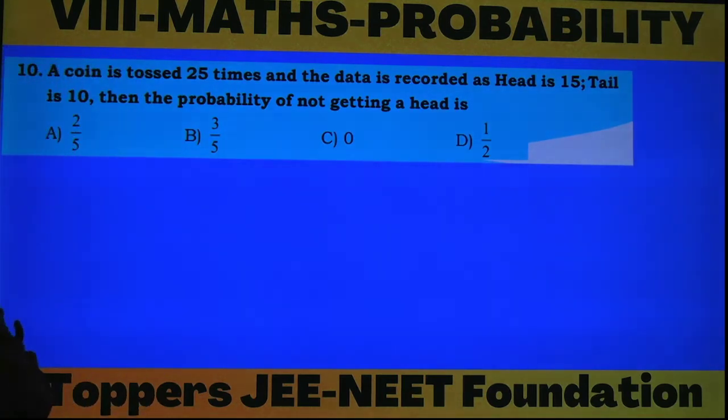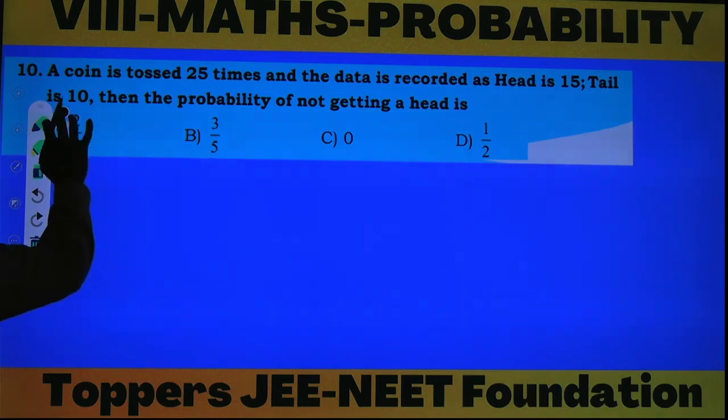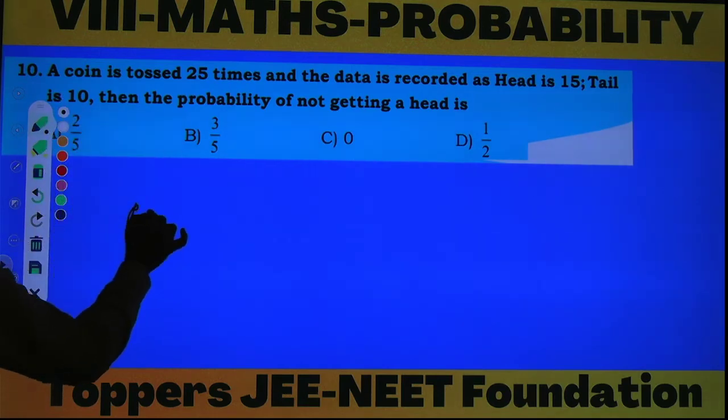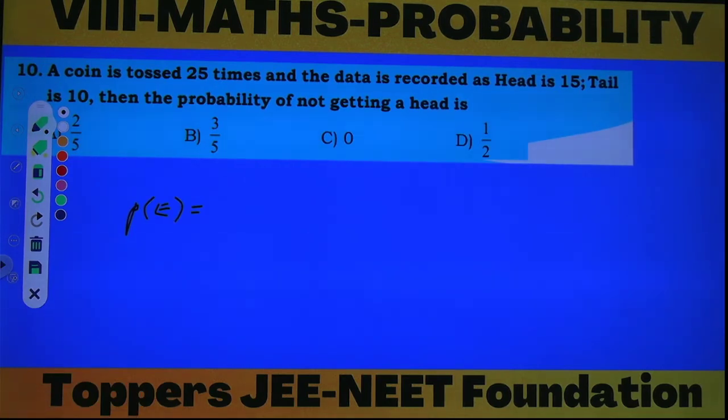Therefore, let P of E be the probability of not getting head. Not getting head means tails.